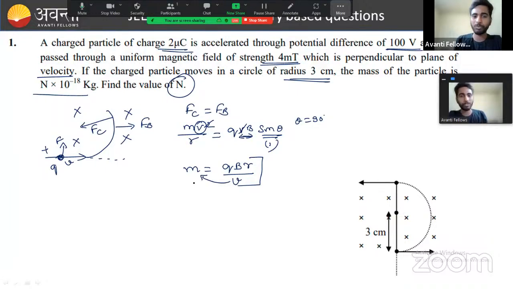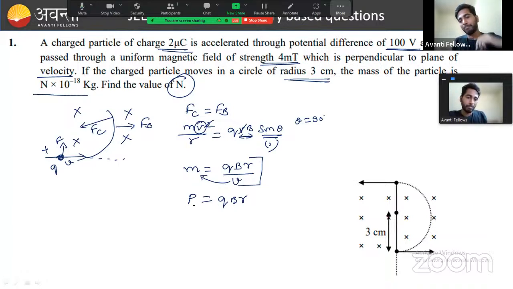Then multiply this by mass, and it will become mass into velocity. And we have a kinetic energy equation also, so we'll try from there. What is that equation? By multiplying here, we get momentum equals qBR.